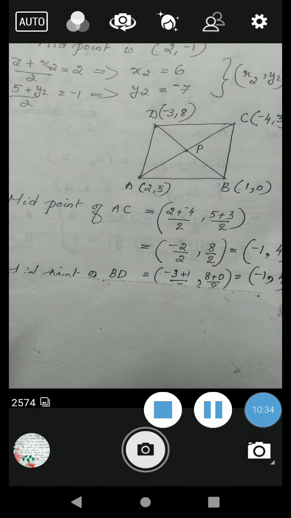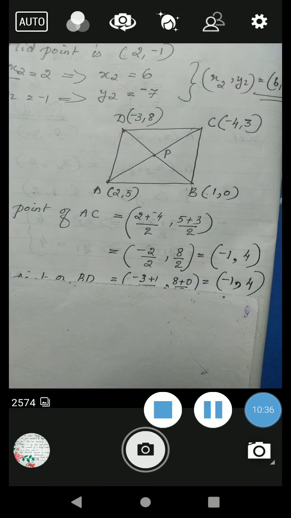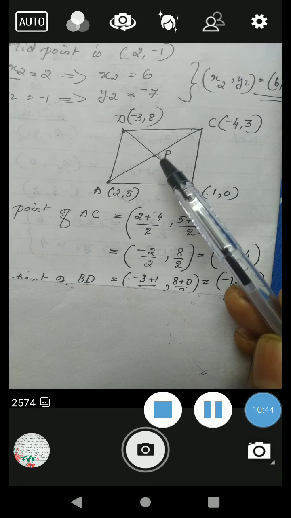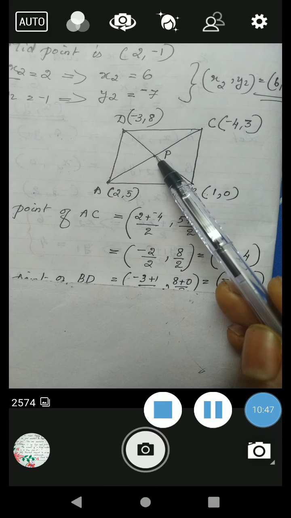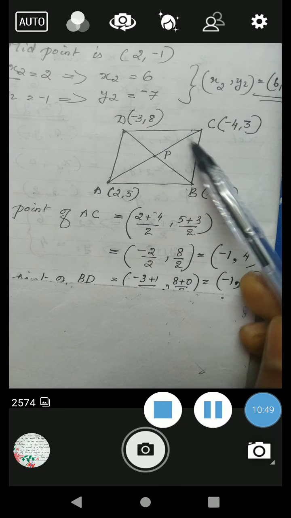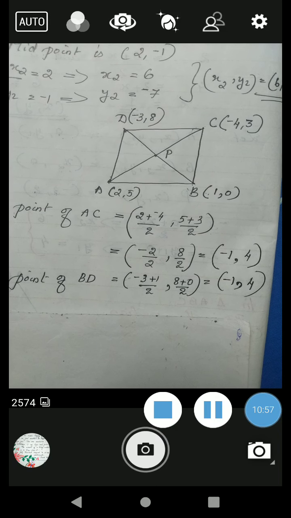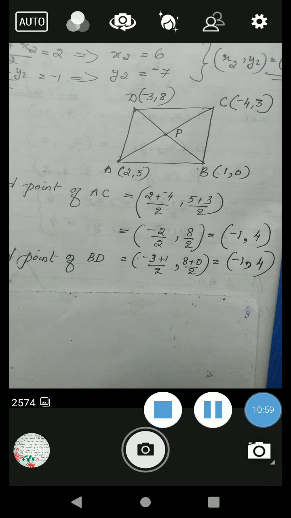You can see, when we find the midpoints of AC and BD, both the coordinates are equal, the same point. What is the meaning? Midpoint of AC is equal to midpoint of BD. It means the diagonals AC and BD bisect each other.